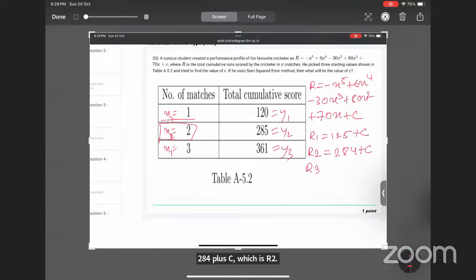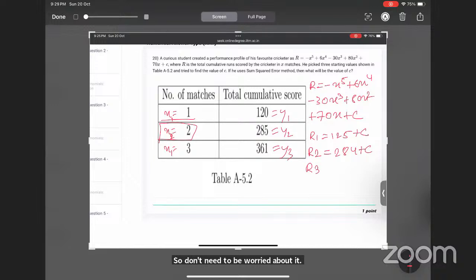Yes, okay. Right now you can use the calculator from your phone. In the examination a calculator will be provided, na? So don't need to be worried about it. R2 is 284 plus C, right?